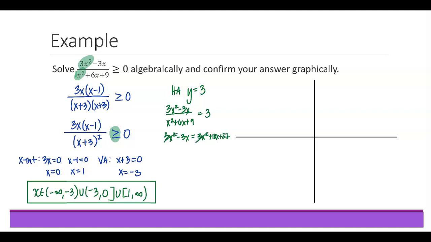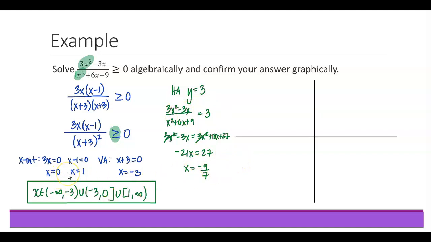The 3x squared terms cancel. I end up with negative 21x equals 27. And then dividing both sides by negative 21 and reducing, I get negative 9/7. So it turns out that my horizontal asymptote does intersect my function at x equals negative 9/7.